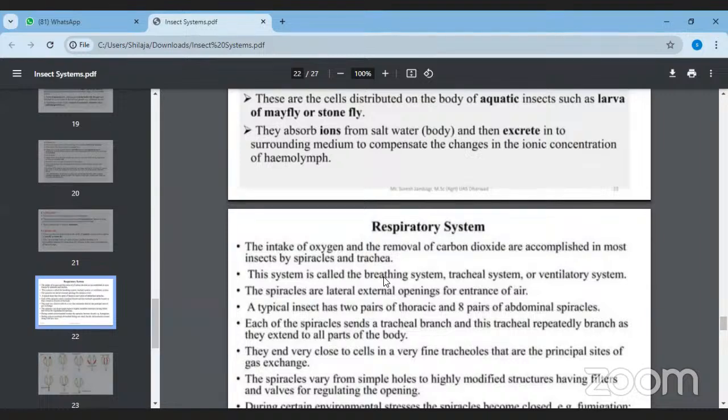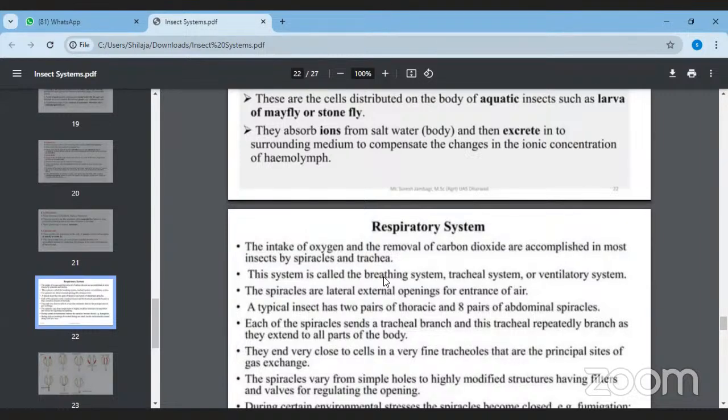Polypneustic, oligopneustic, and apneustic are the three types of spiracle arrangements present in insects. The first is polypneustic, with 8 or more pairs of spiracles; holopneustic has 10 pairs.